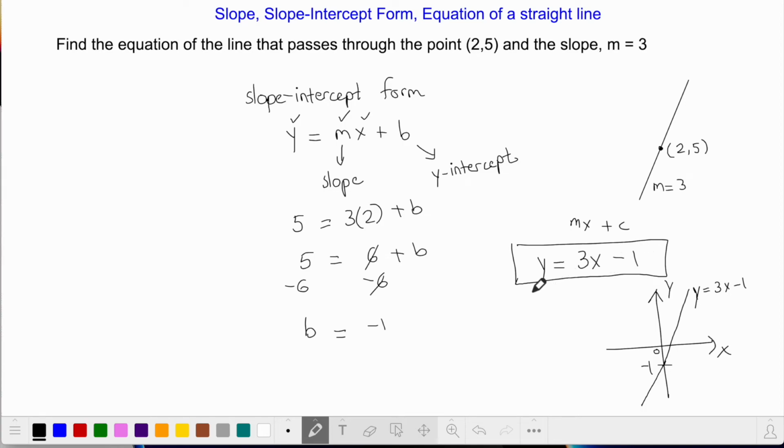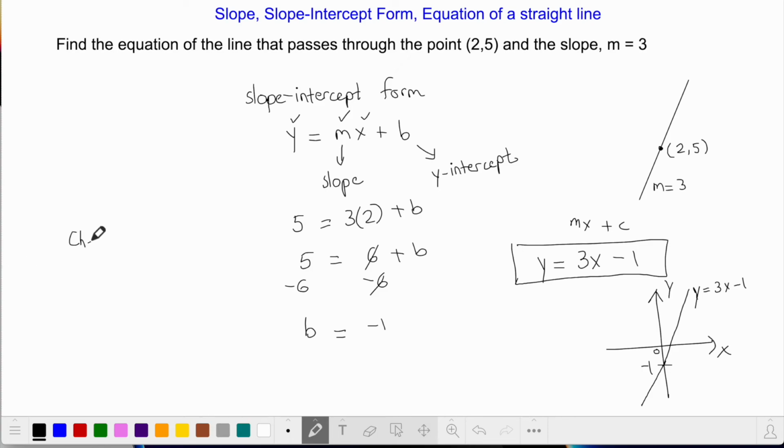And how can we verify that this equation that we got is correct? Well, we can plug in the point given in the problem, and let's say we plug in the value of x, and if we get the value of y, then our equation is correct.